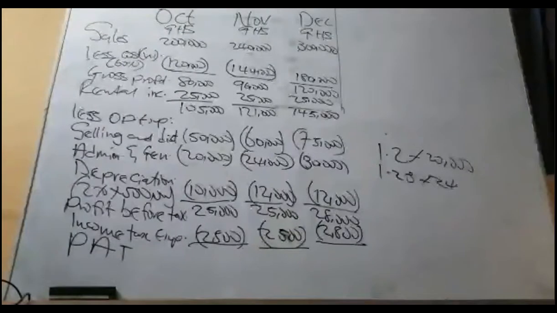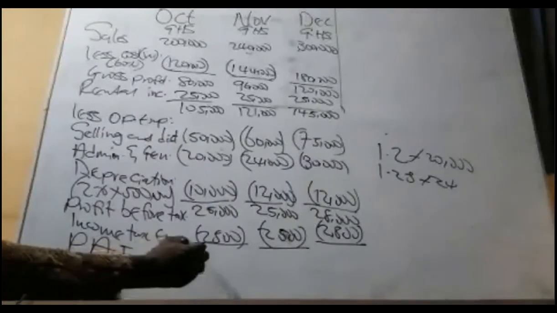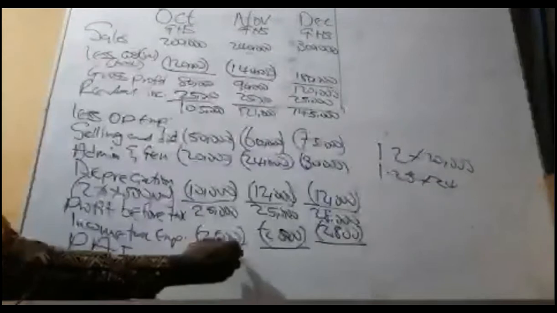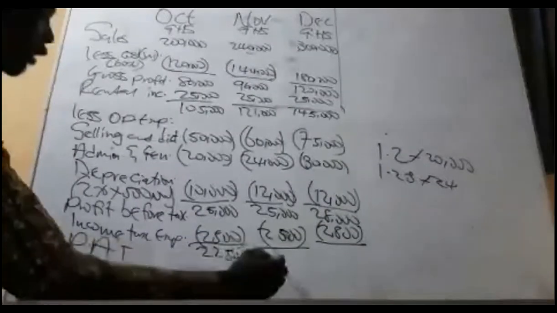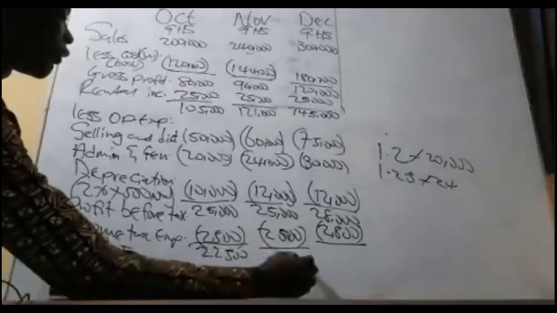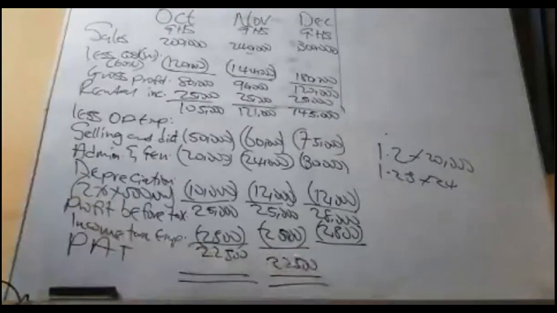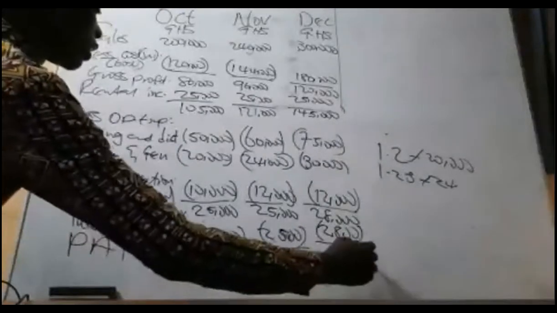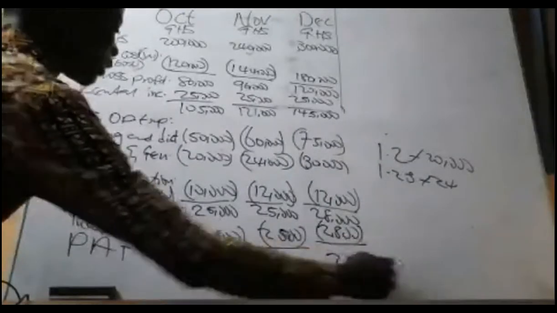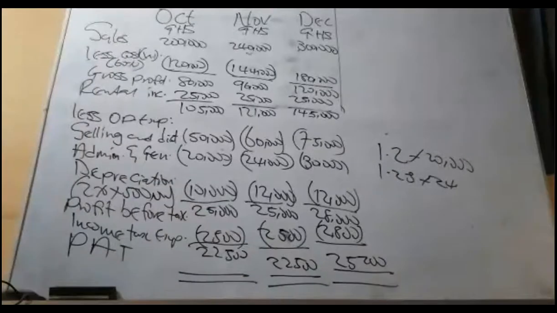Accrual concept. So therefore, that will give us 22,500. That's the profit after tax. 22,500 profit after tax. So it'll give us 25,200, and that's the profit after tax. We are done.